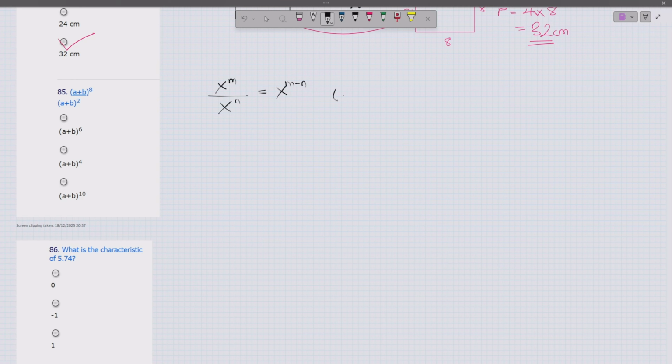So since we have (a plus b) to the power 8 all divided by (a plus b) to the power 2, this can be rewritten as (a plus b) to the power 8 minus 2. That will be (a plus b) to the power 6.